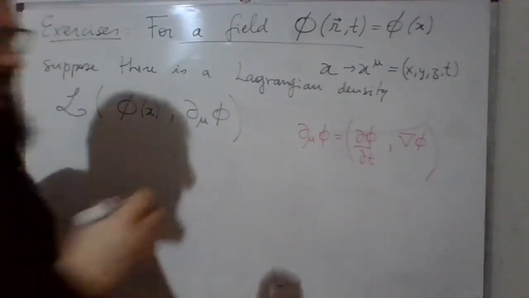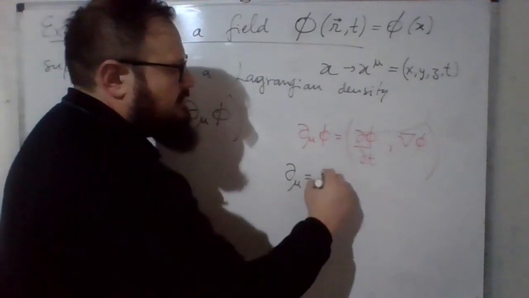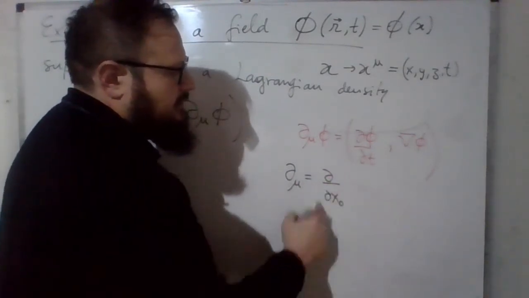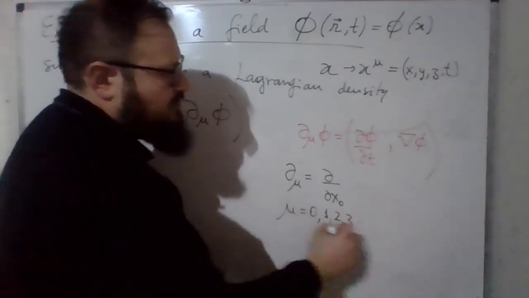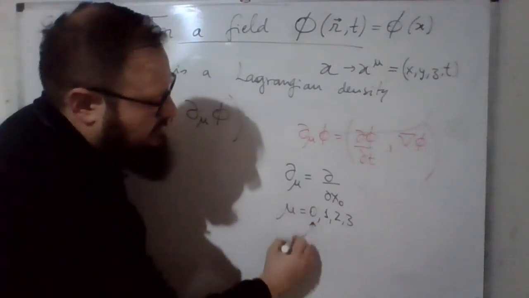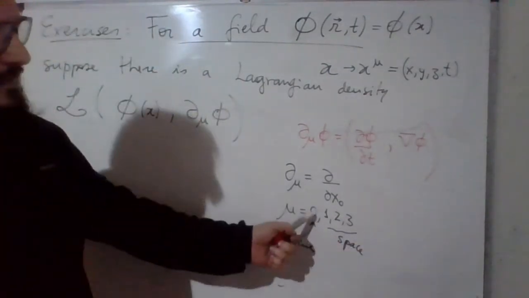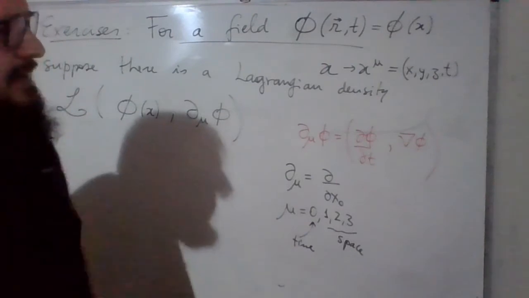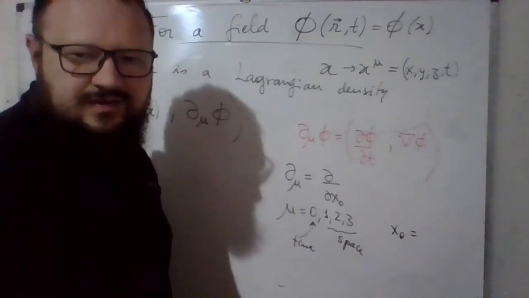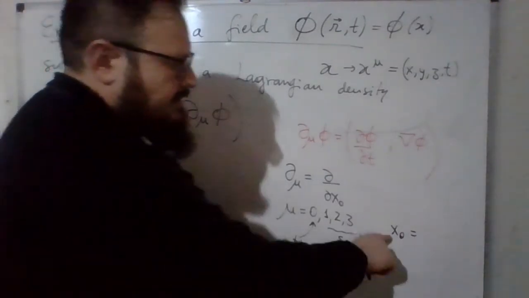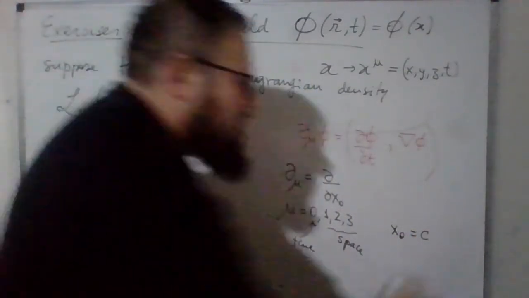Okay, so usually this d mu corresponds to, first, mu runs from 0 to 3 in 4 dimensions. This is time, and this is for space. Okay, mu equals to 0 corresponds to the time coordinate. Usually, if you are using physical units in the international system, this x naught corresponds to the speed of light in vacuum times t.